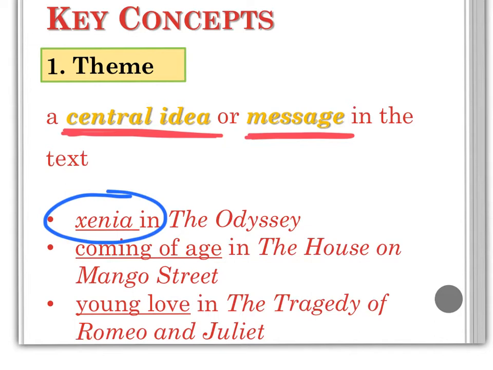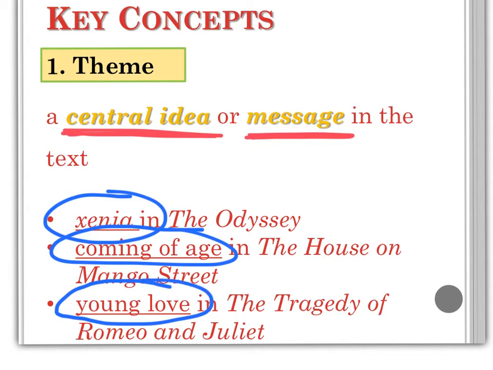In The House on Mango Street, there's definitely this theme of coming of age that we're going to talk about in great detail. And then, of course, in The Tragedy of Romeo and Juliet, there's this central idea of young love that Shakespeare explores. So theme is a central idea or message that you can write about in a literary work.